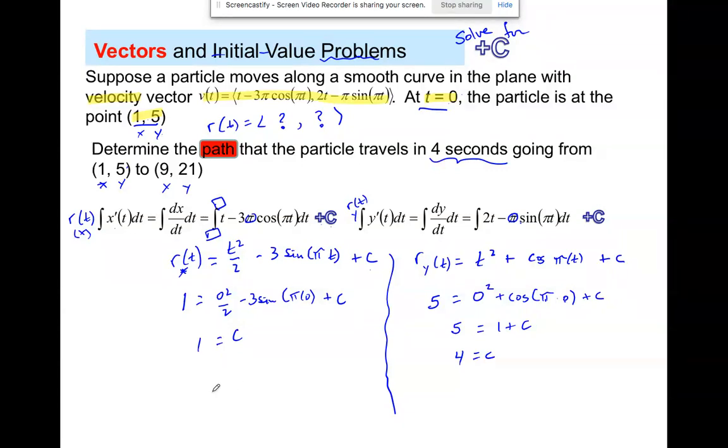So therefore, my final r is the combo of t squared over 2 minus 3 sine pi t plus 1, comma, t squared plus cosine pi t plus 4.